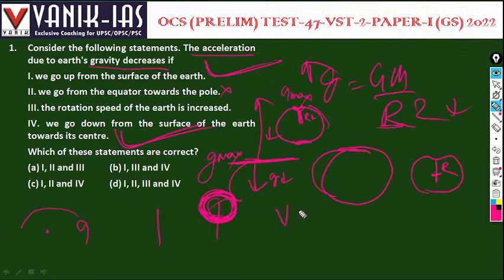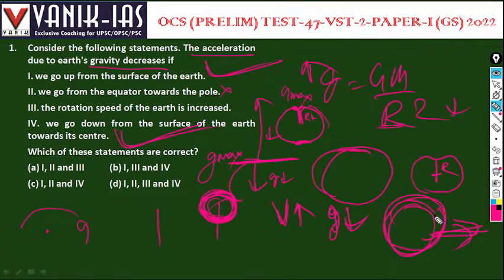Speed of Earth is increased, so v will be maximum and g will reduce. Why will it happen? Velocity will increase, and if you increase this, then g will reduce. Why? Because centripetal force is acting towards the center, right?